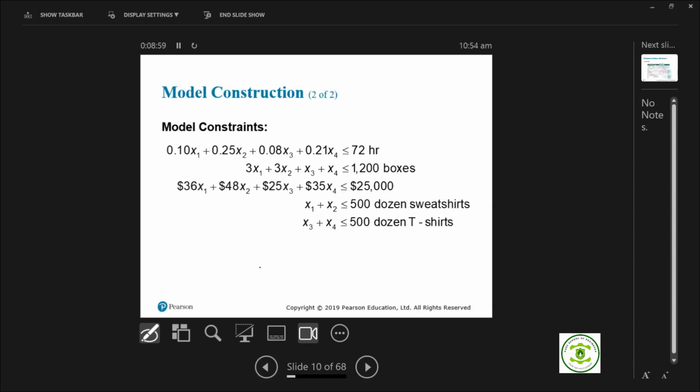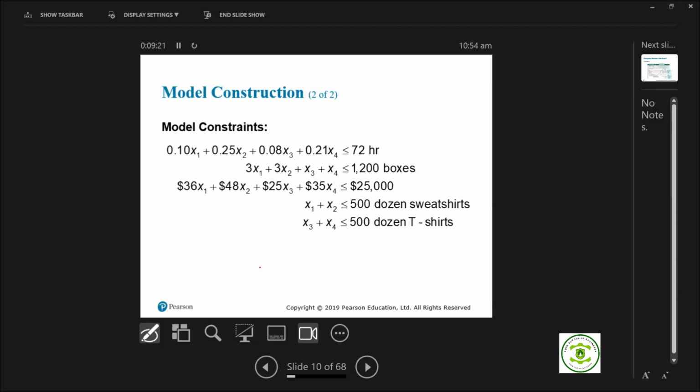Then we have the boxes constraint. The car has its carrying capacity, or the capacity constraint, which is that we are told that the t-shirts, which are X3 and then X4, they are standard boxes.